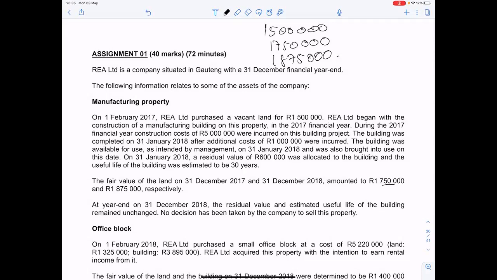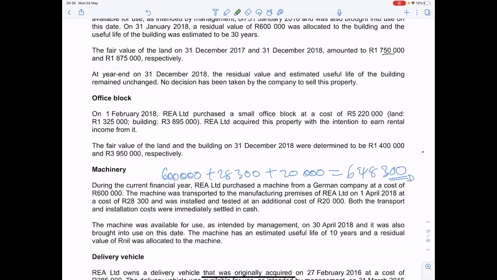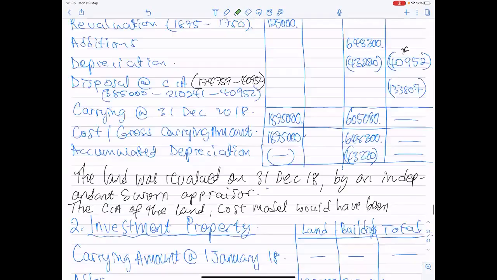Yes, it was going to be 1.5. That's the original cost of the land. So it would have been how much? 1.5 million. Just like that. So the value of the land would have been 1.5 million.